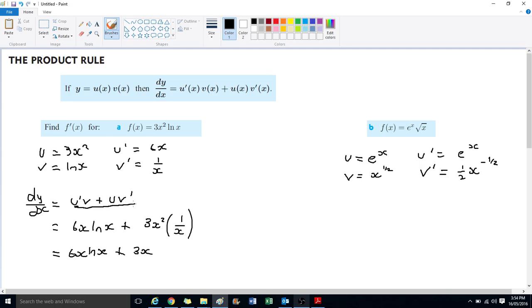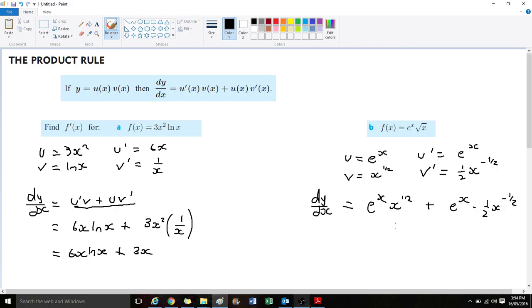And we just write it like we've done over here, where dy on dx is equal to u dash v plus u v dash. So over here, dy on dx is equal to e to the power of x, u dash, times v, x to the power of a half, plus u, e to the power of x, times half x to the minus half.